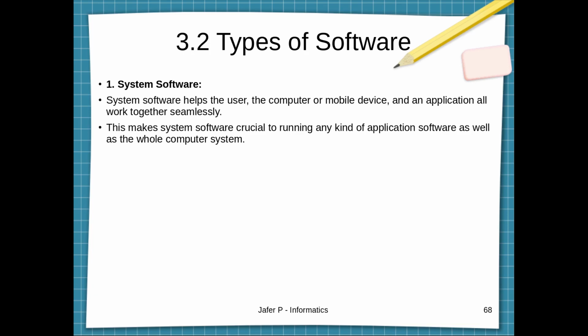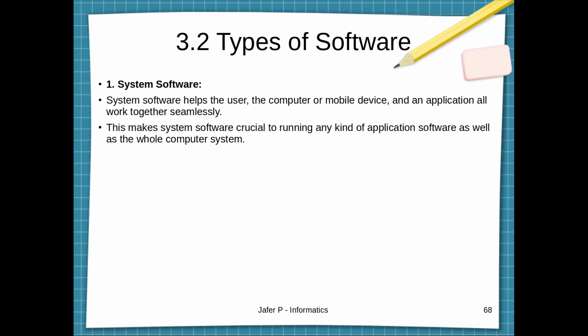I told you there are three kinds of software: system software, application software, and utility software. In the name you can guess what a system software is. This kind of software is actually helping the system, the computer hardware, to do its task. System software helps the user, the computer, mobile devices, or an application all work together seamlessly. You know that if you want to run a software, you require a computer system, right?